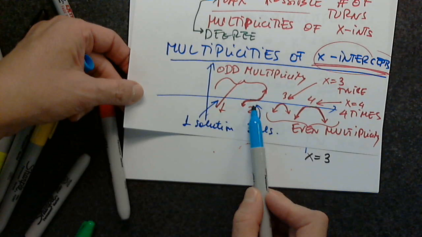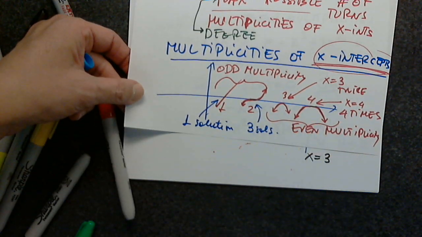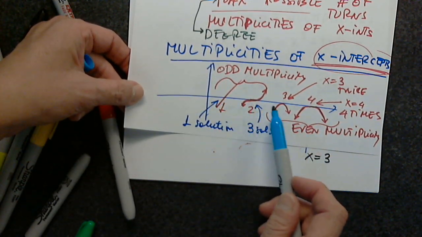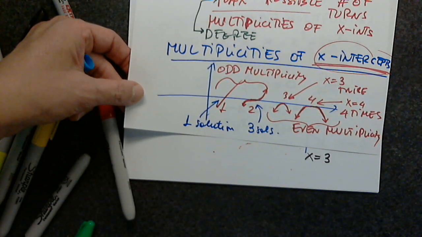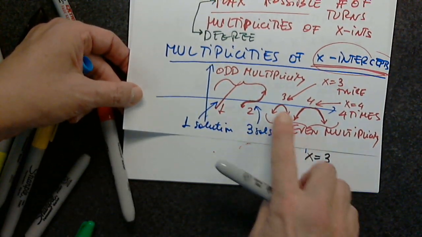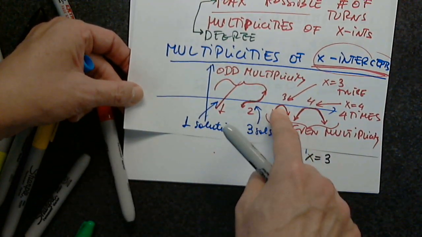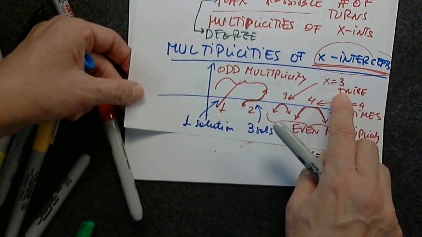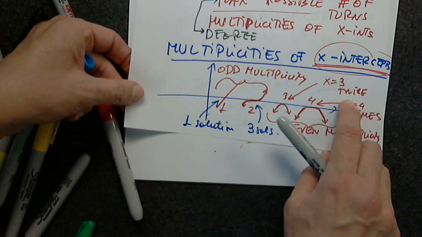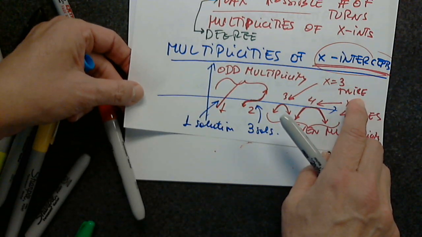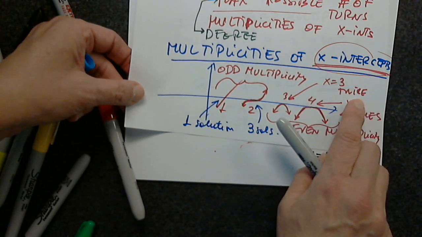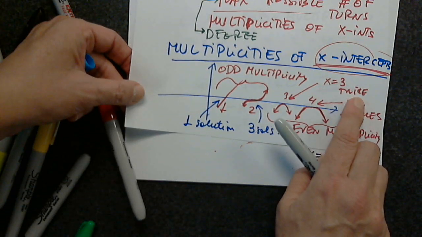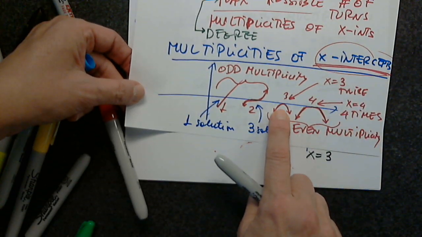Case 1, case 2, case 3, or case 4? Exactly. At x equals 0, the function must turn. Why? Because it has x equals 0 appearing twice as an x-intercept. How can it cross twice? No, it won't. It won't cross twice, but that is an indication that the function will turn.